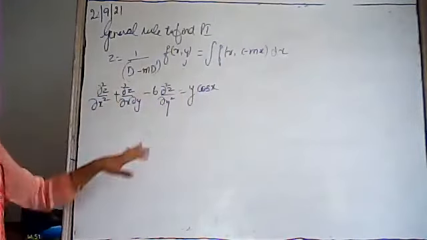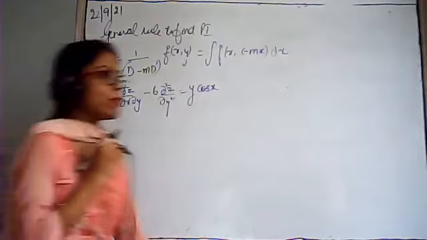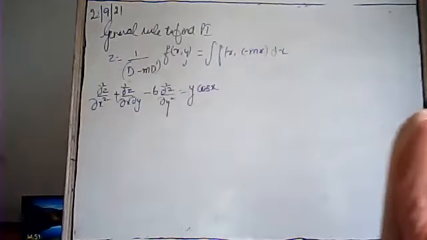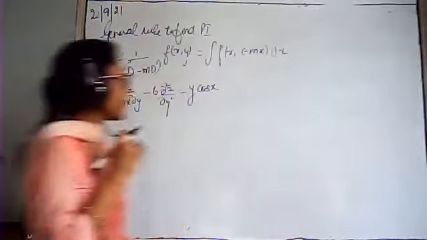Okay, ∂²z/∂x² plus ∂²z/∂x∂y minus 6 times ∂²z/∂y² is equals to y cos x.